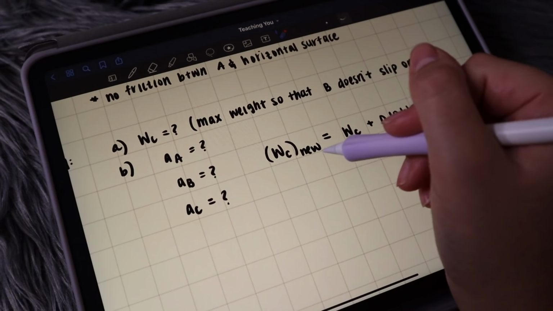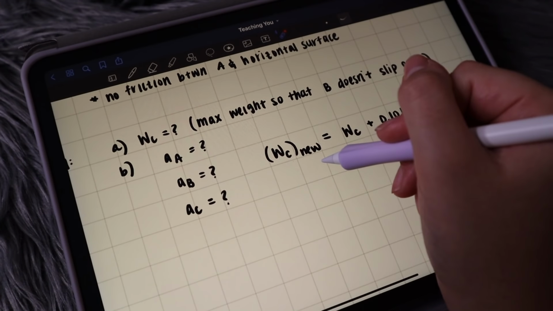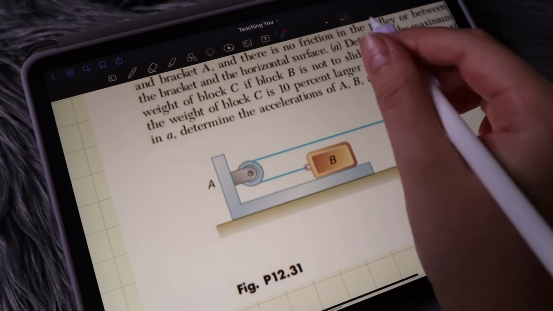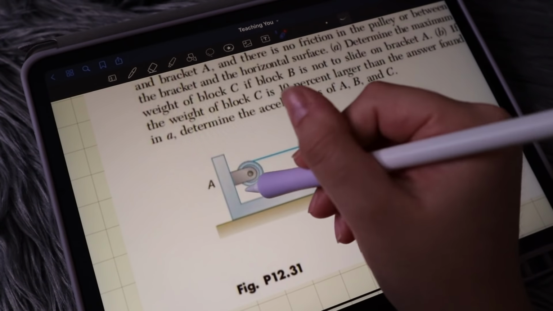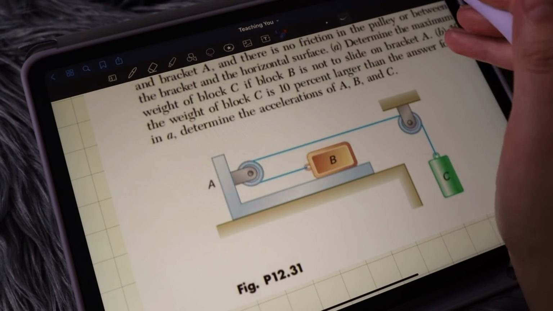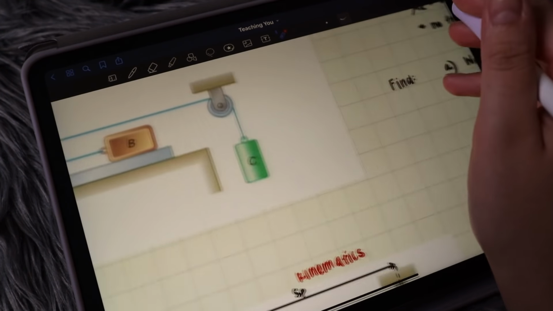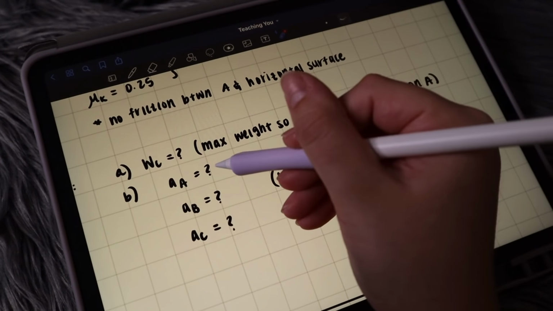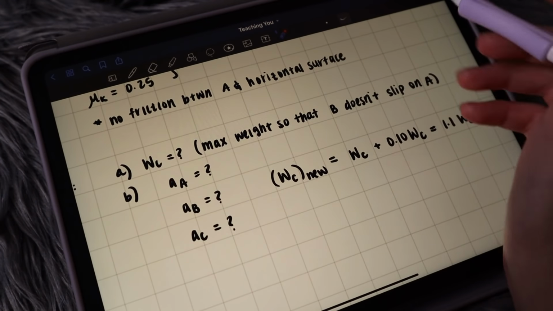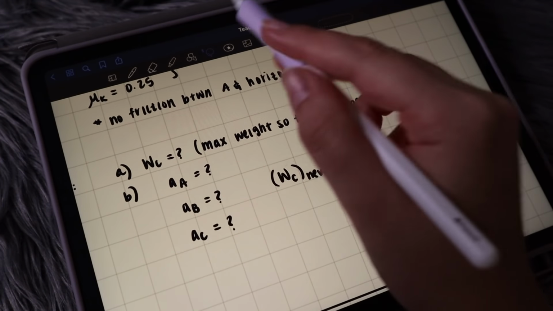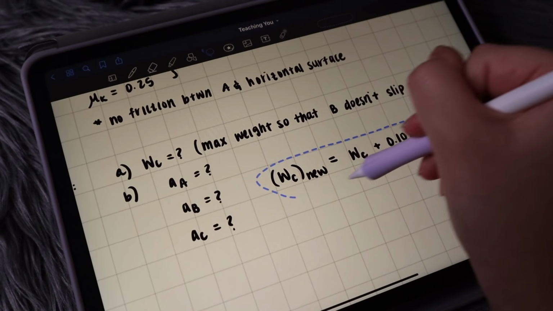The accelerations are now going to all be different because once the weight changes, B is going to slip, and now each of them are going to have different accelerations. So it makes it a little more complicated. So we want to find each of those.